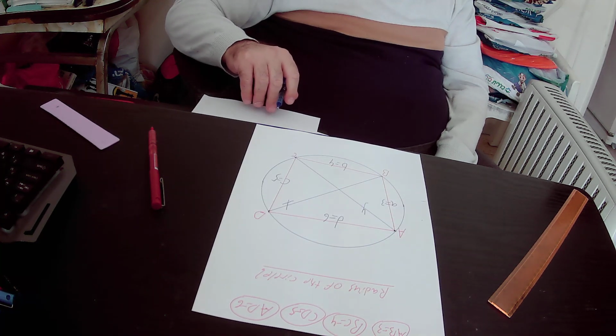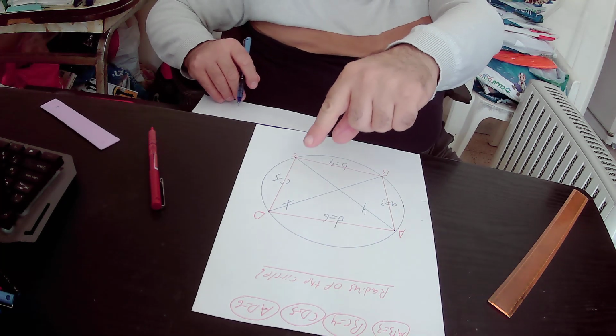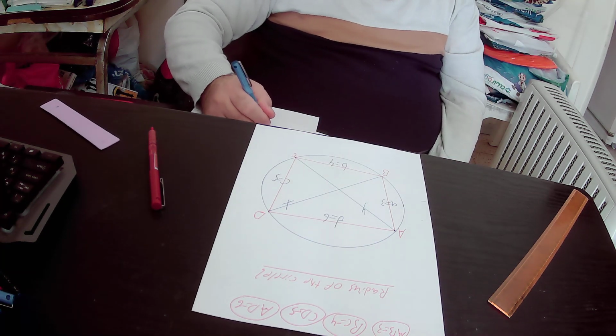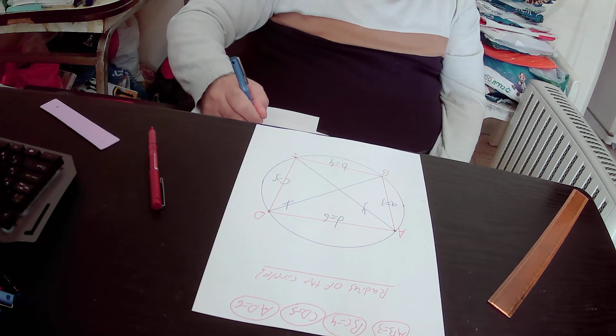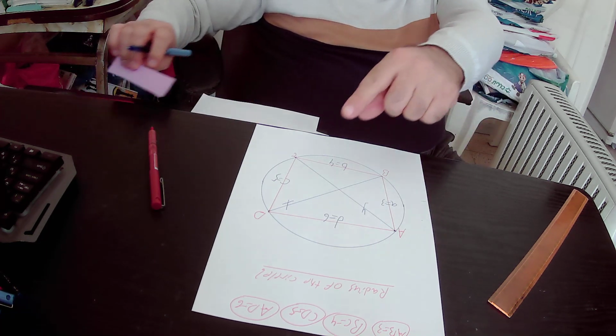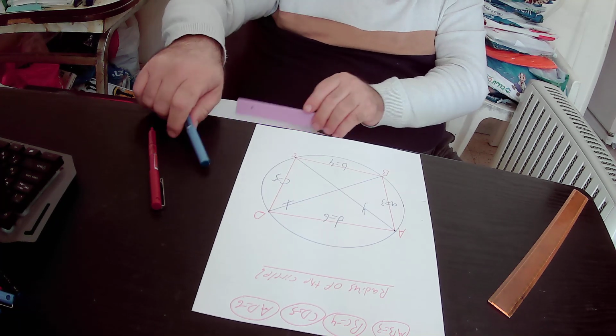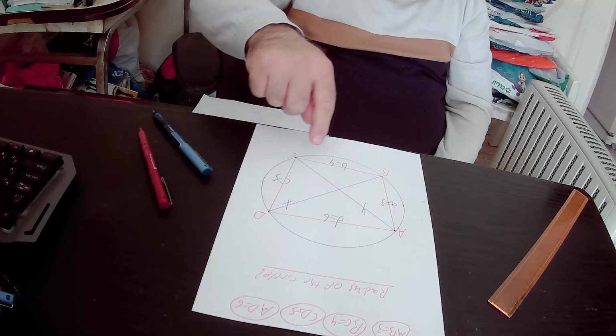So in the next step we will focus on this triangle, triangle BDC. This triangle, triangle BDC, is inscribed by this blue circle.